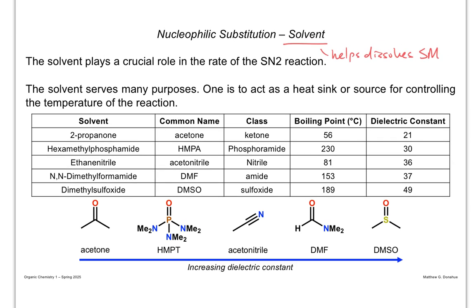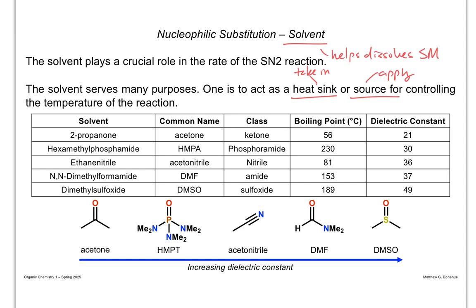It also serves as a heat sink or a heat source. By source, I mean you can heat the reaction. That's like when you boil your water on the stove, you're adding heat into the reaction.